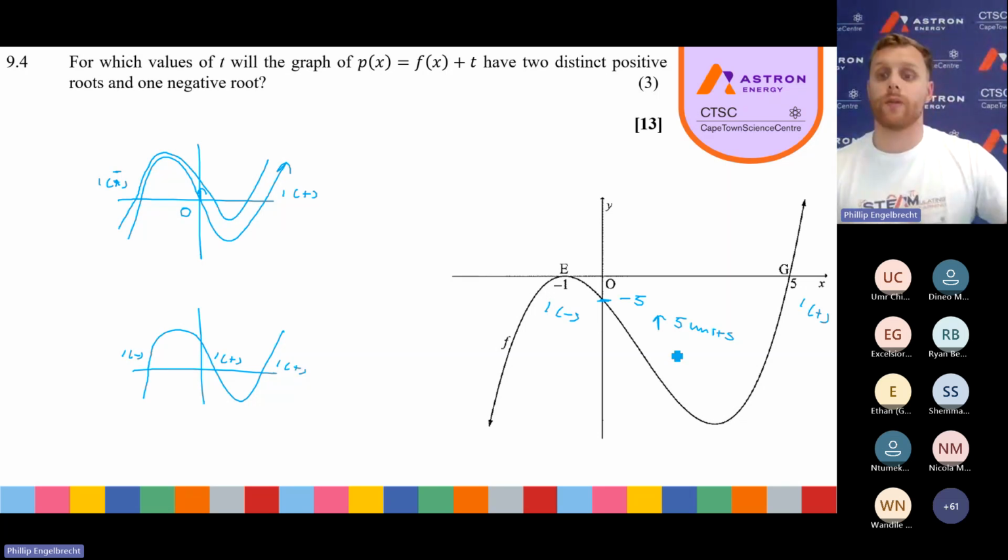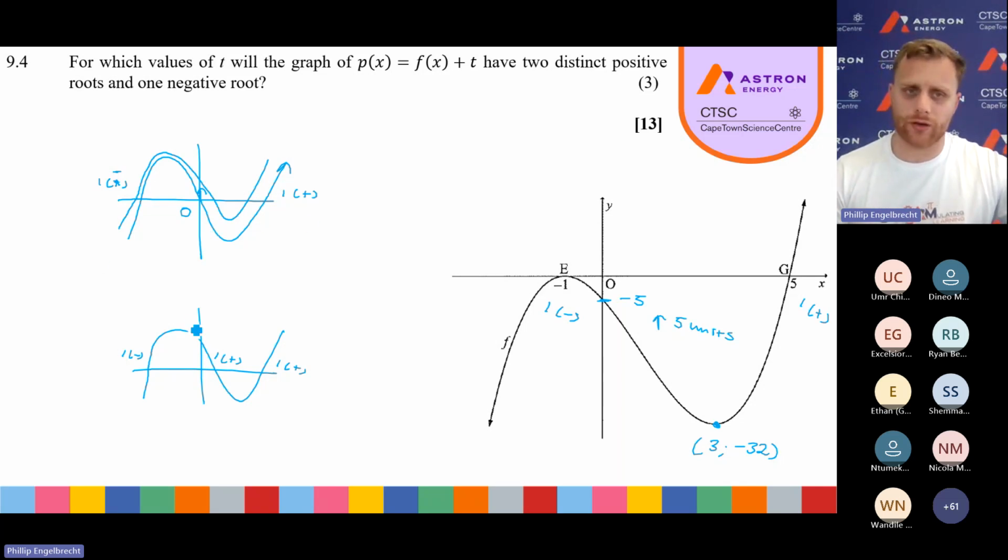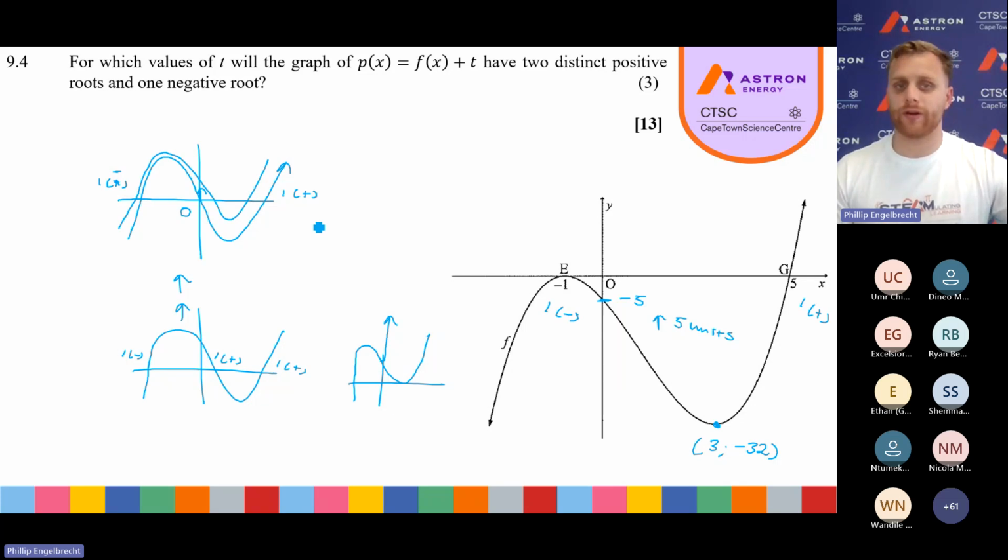All right. Remember, we calculated that the turning point for this function was (3, -32). Now, here's the thing. I can keep moving this function up and up and up, but it's going to get to a point where I have something like this. And now I sit with this very same problem.